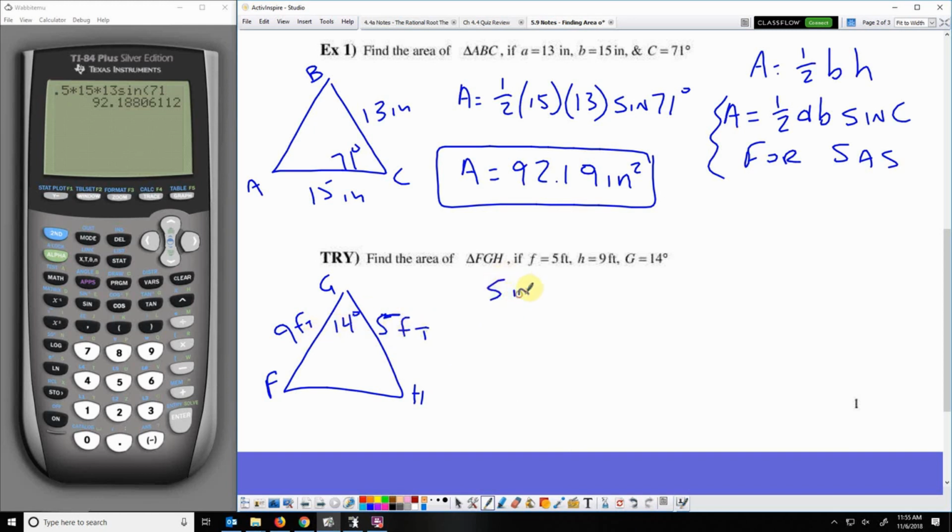So we can do the area equals 1/2 one side times another times sine of the included angle. So we get about 5.44 feet squared.